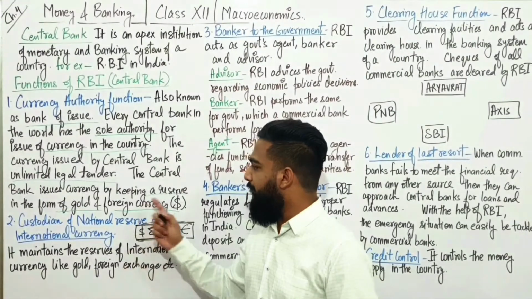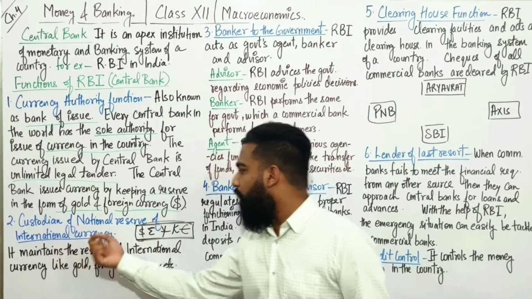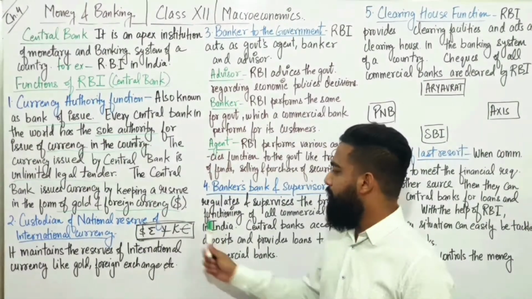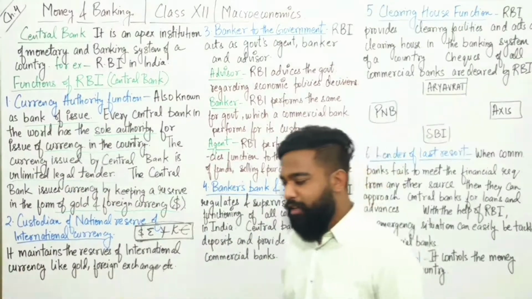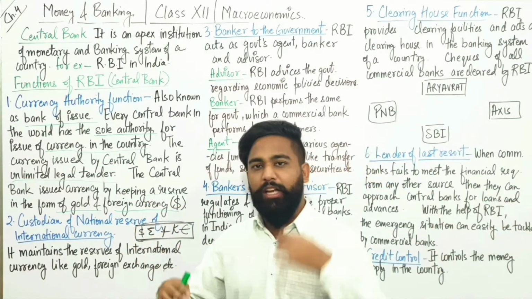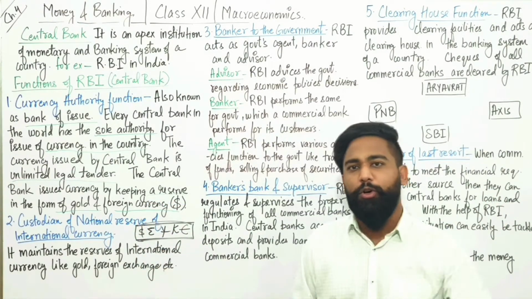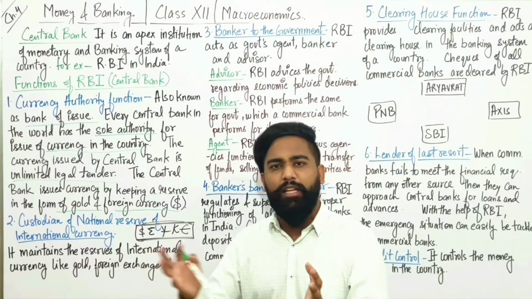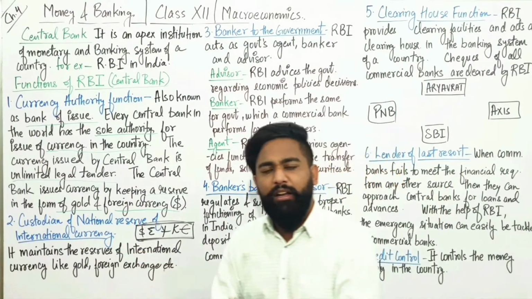Now students, the second one is custodian of the national reserve of international currency. So this is the briefcase. There is a briefcase in the RBI, and in that briefcase they put all the international currency like euro, dollar, pound sterling, yuan, and all the other world currencies in their reserve.